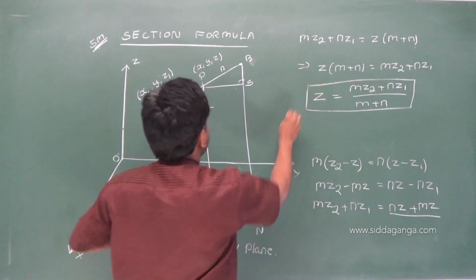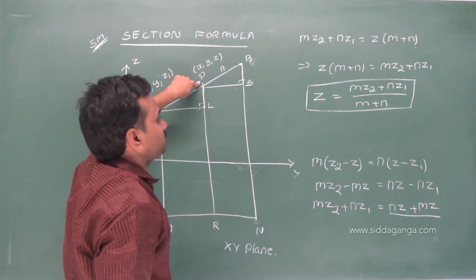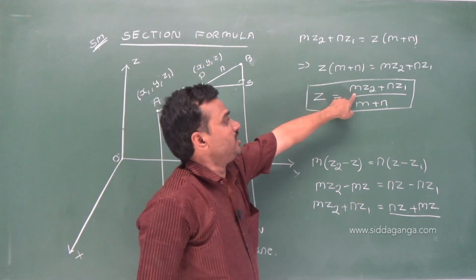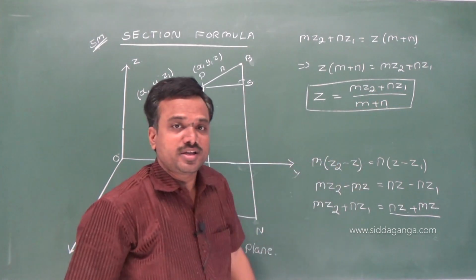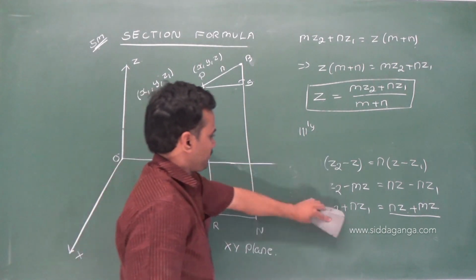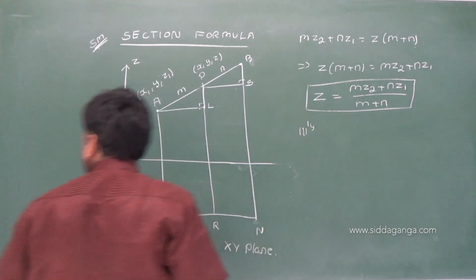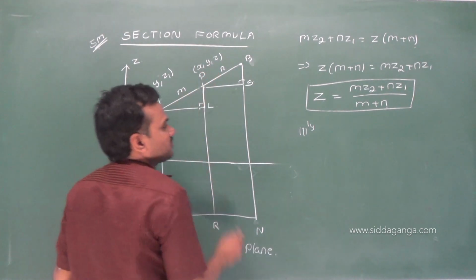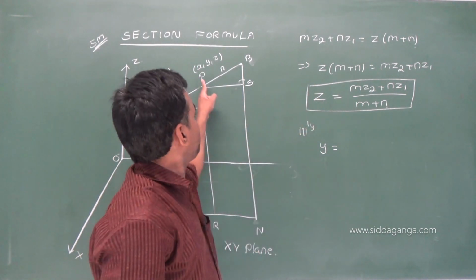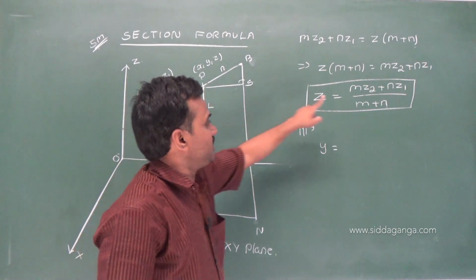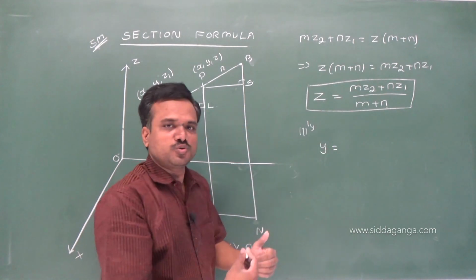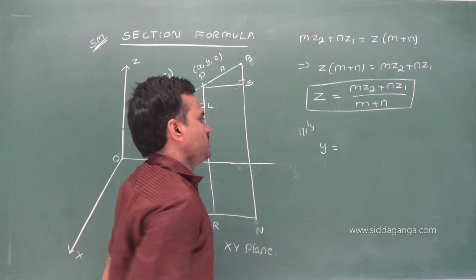Z means what? Coordinate of z in P. Coordinate of z in P is given by mz2 plus nz1 divided by m plus n. Similarly, in the same method, if we calculate the y coordinate, what we got?